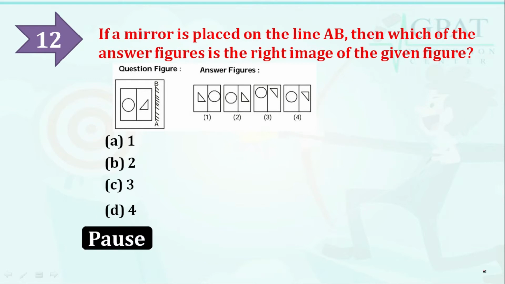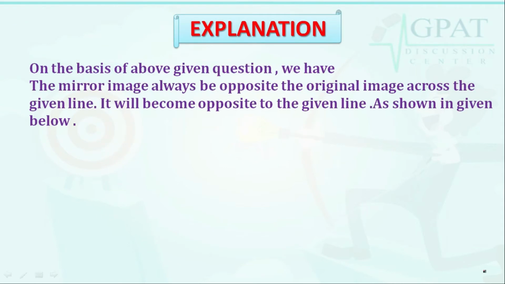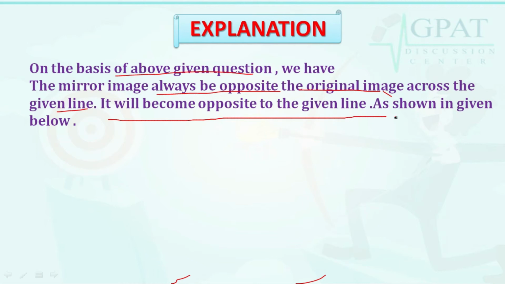According to this, the correct answer is A, that is 1. On the explanation for this: the mirror image is always opposite the original image across the given line, and it will become opposite to the given line as shown in previous pictures.